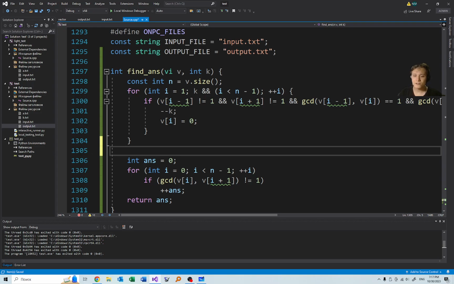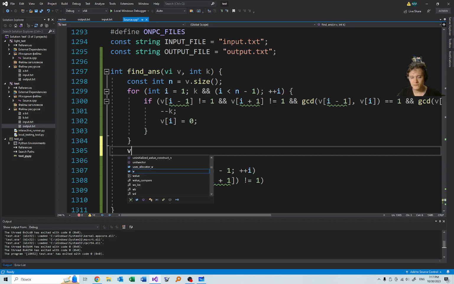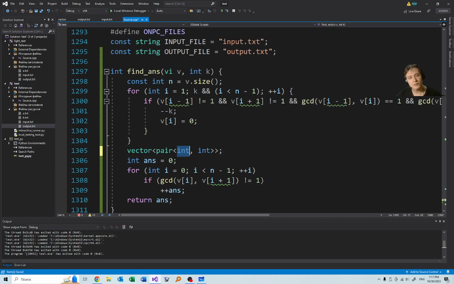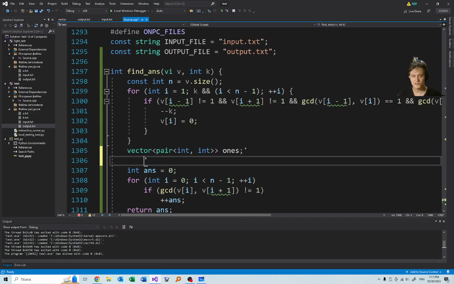Okay, let's do it. So first of all, let's find all blocks of 1s. We have a vector of pair of int and int. I believe this is the size of the block and this is where it starts. So let's go through all elements.